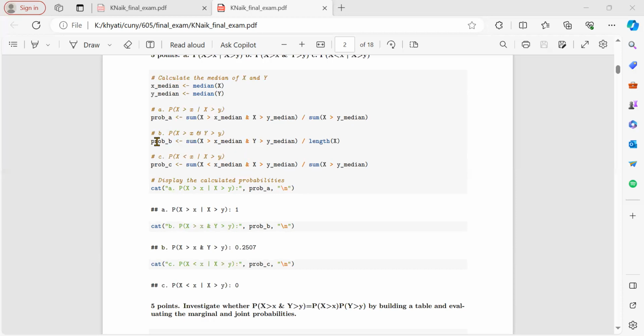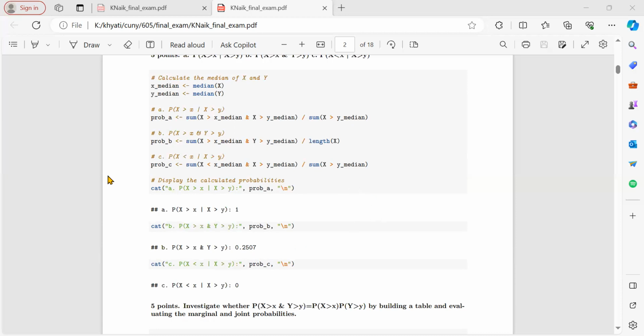Similarly, we are calculating the probability for B, which says that the probability that both x is greater than small x and y is greater than small y is approximately 0.2507. This implies a moderate likelihood of both events occurring simultaneously.